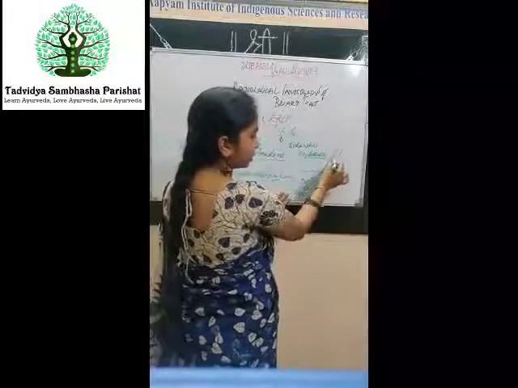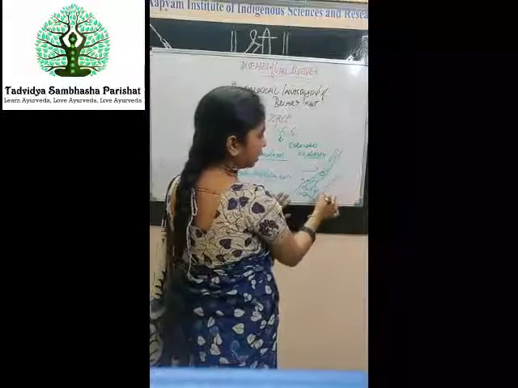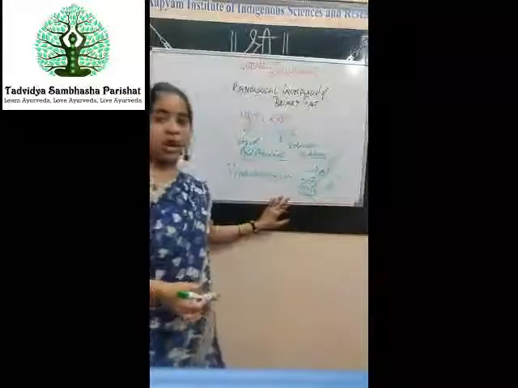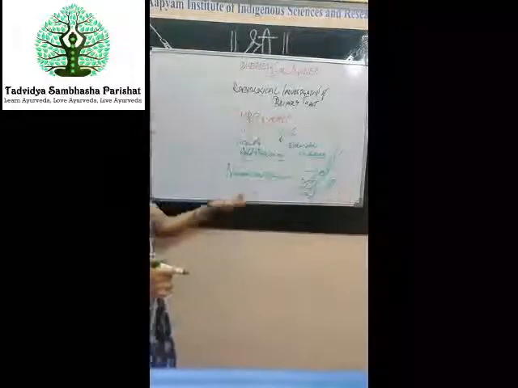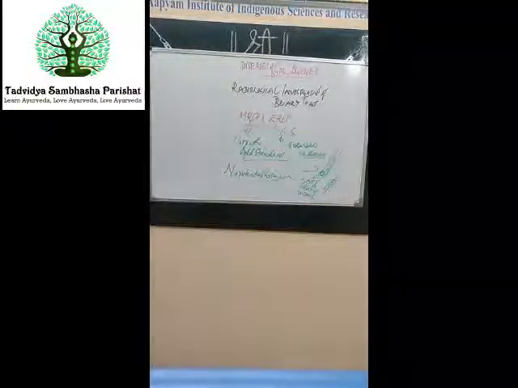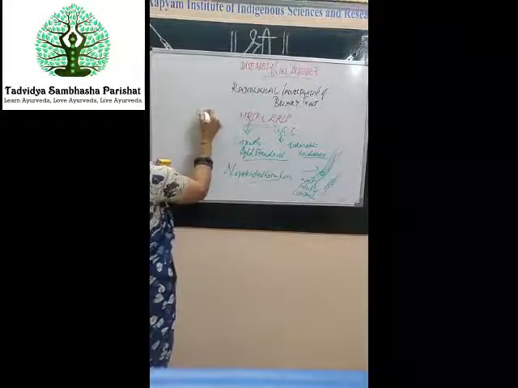Suppose there is a stricture present in one part of the bile duct, this stricture is also identified. Suppose there is a stone inside the common bile duct, that is also identified with ERCP. This is with respect to only the diagnostic aspect. Now there is something called PTC, that is percutaneous transhepatic cholangiography.